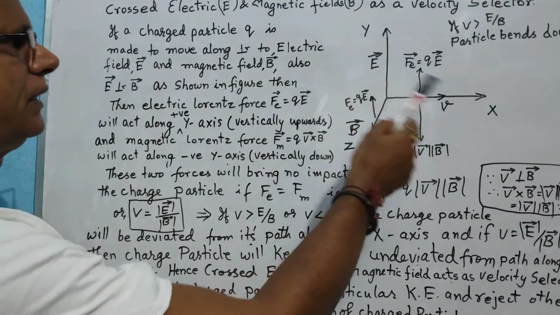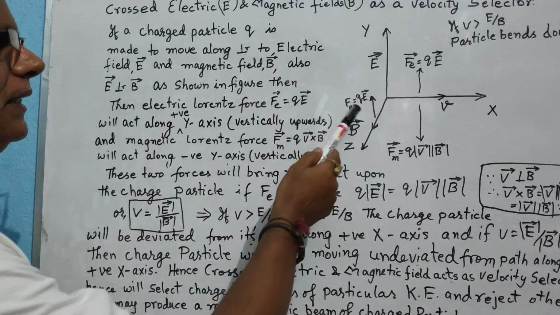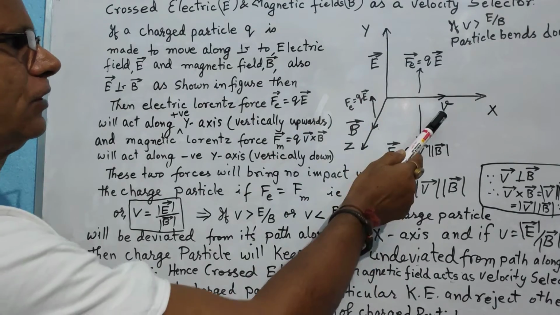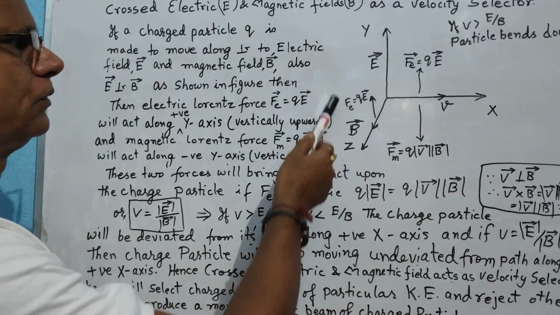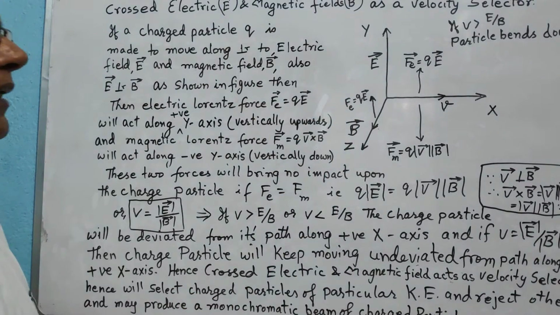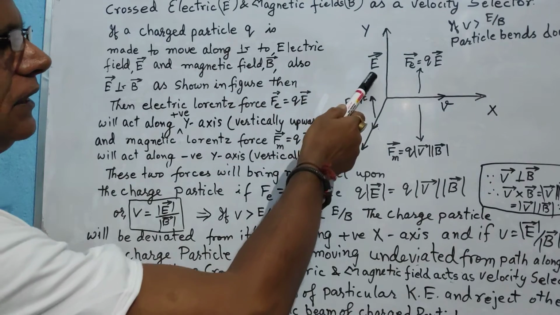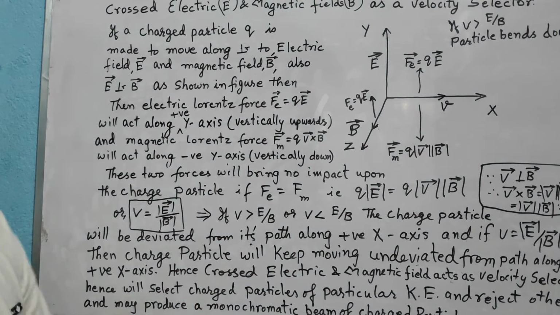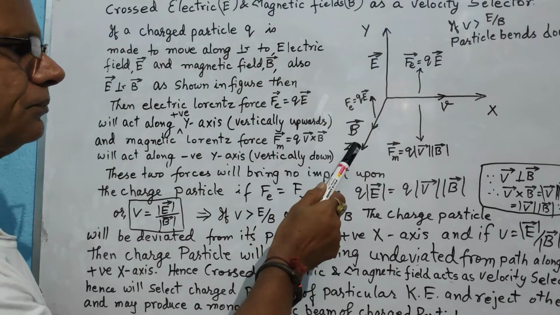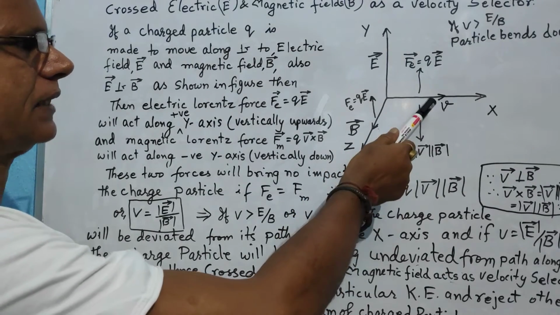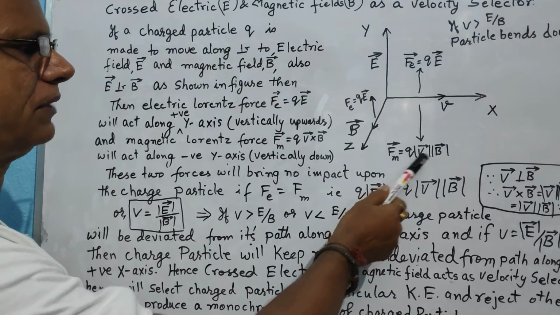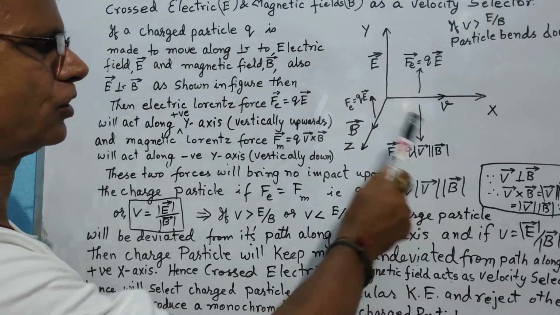While it is moving in the electric and magnetic field, the electric Lorentz force acting on the charged particle moving with velocity v will be equal to the charge into electric field, which will be vertically upward, that is along the direction of electric field, and the magnetic Lorentz force will act vertically downward, given by the relation q into v cross B.